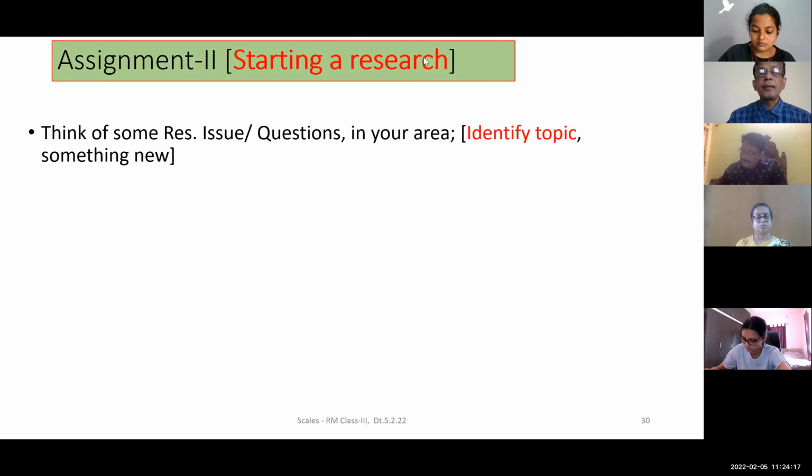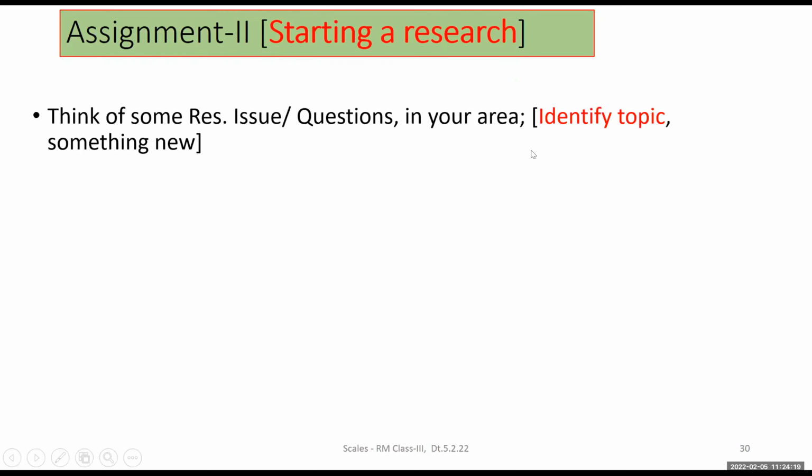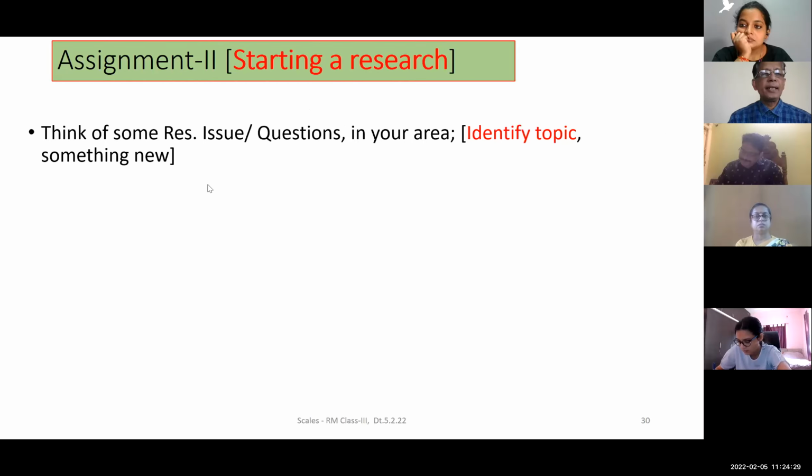Now here, my expectation for the assignment is that you have to identify what you want to do. What you want to do should be defined by broad research issues, and if you can think of some research questions, that would be better.